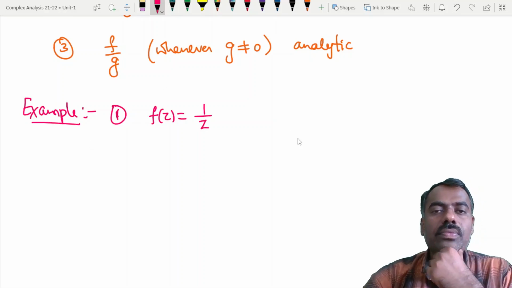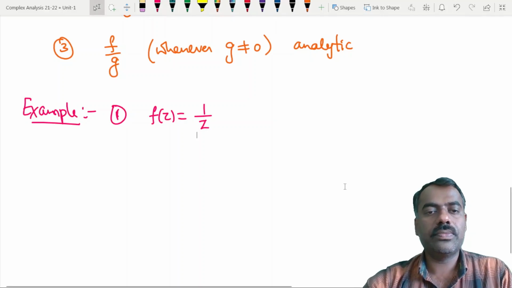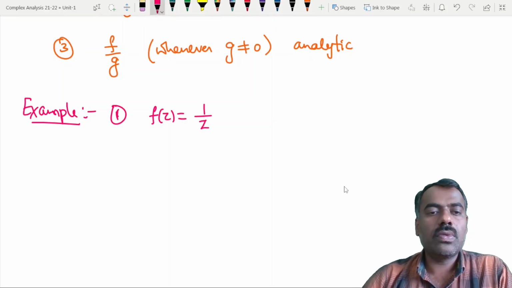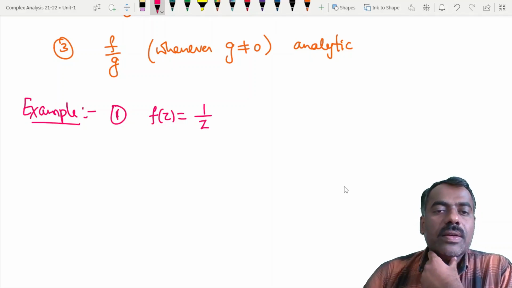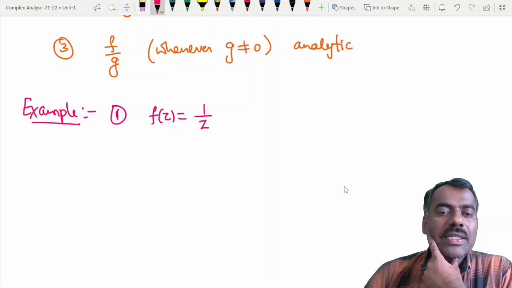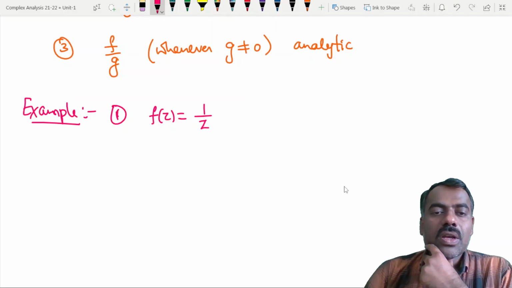Where is it analytic? You are in the complex plane. Clearly this function is not even defined at z equal to 0, right? So suppose z is not equal to 0.